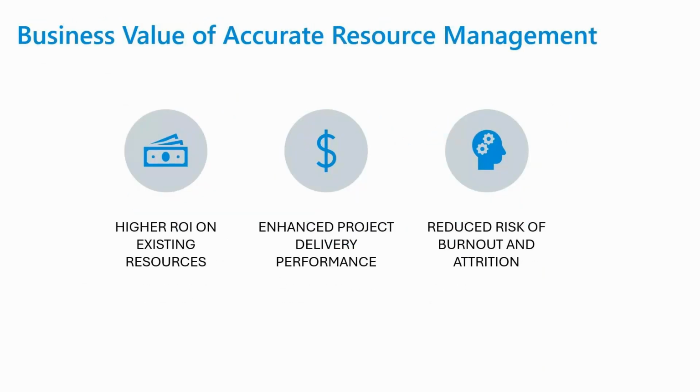Now, what is the business value of accurate resource management and doing it well? Well, hopefully if we put them on the more high value things, we'll get better returns as an organization for the use of those existing resources, which are scarce. We also have enhanced project delivery performance.